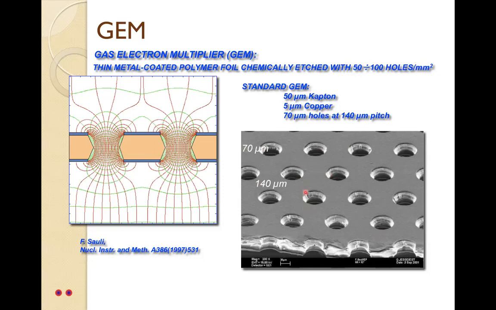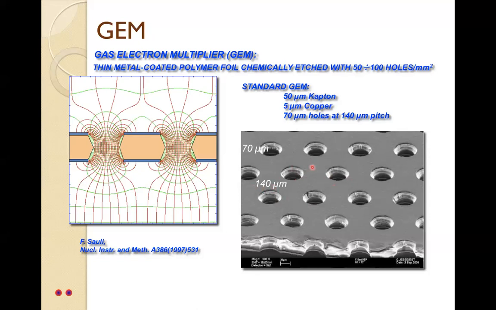So you can see here a hole of diameter 70 micron is created by the photolithographic technique, and the distance between two consecutive holes is called the pitch of the foil, and this is 140 micron.